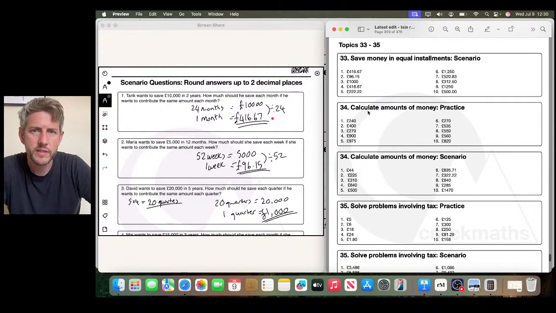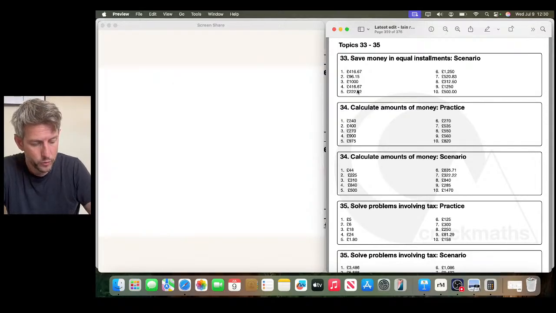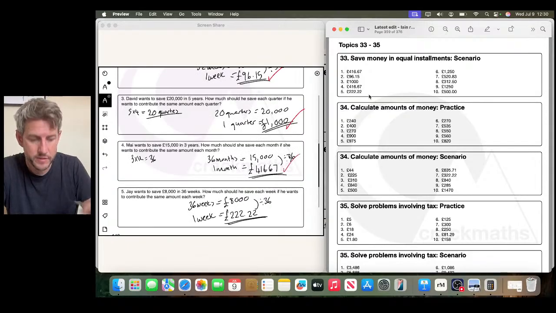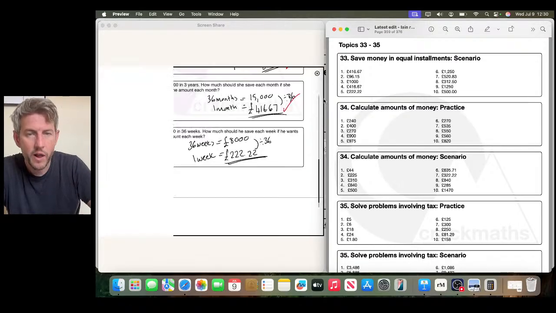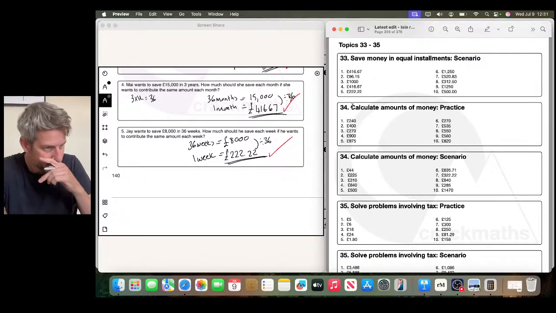So 416.67, yeah. £96.15, yeah. £1,000, yeah. £416.67, yeah. £222.22. Excellent. Okay, those are all good.